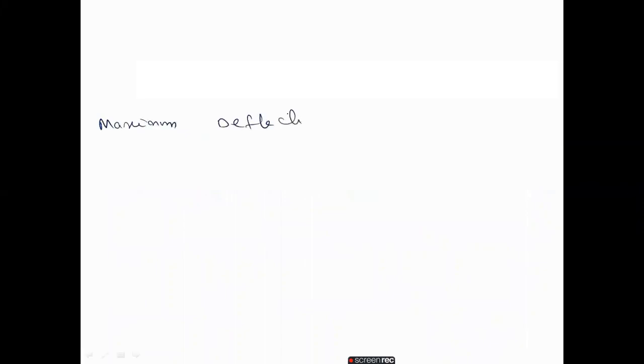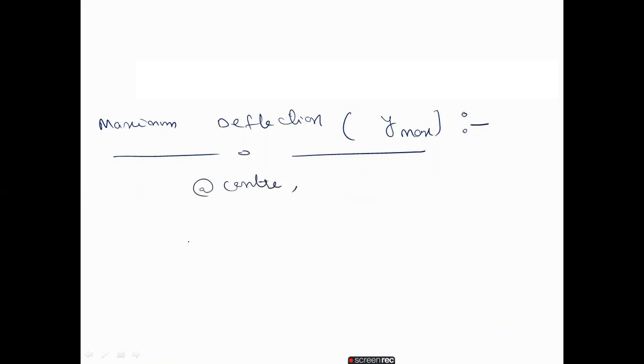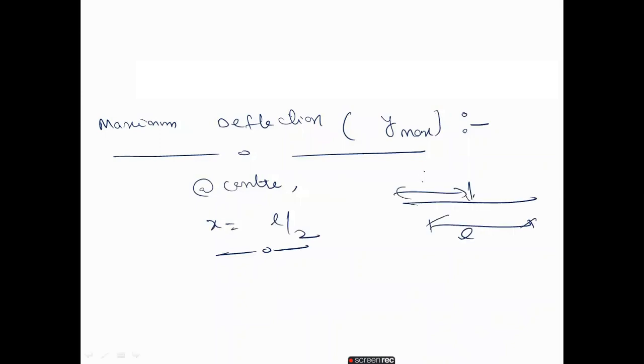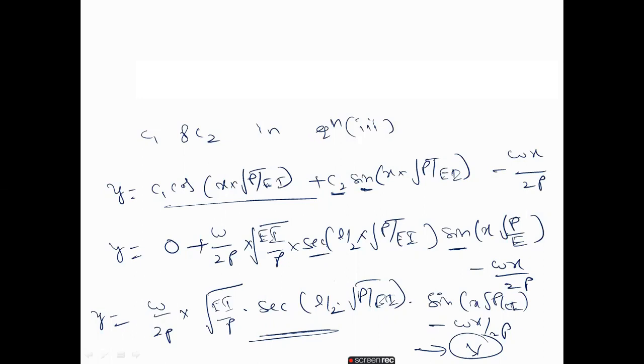Maximum deflection is y max. If the overall length is L, at the midpoint the distance is L by 2. So please substitute L by 2 into this equation, here and here also.